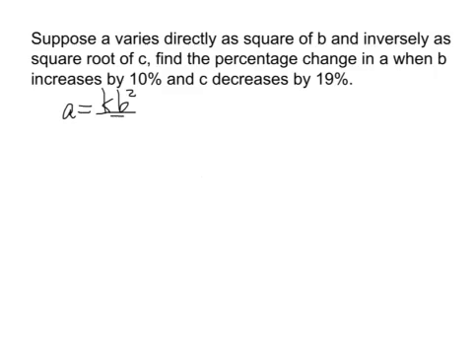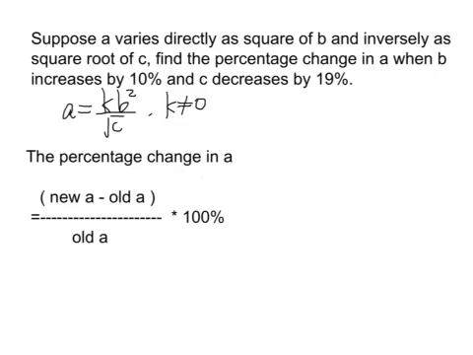So we have the square root of C, where K, don't forget to write this, does not equal 0. So the percentage change in A actually equals new minus old divided by the old times 100%. You've learned that long ago.